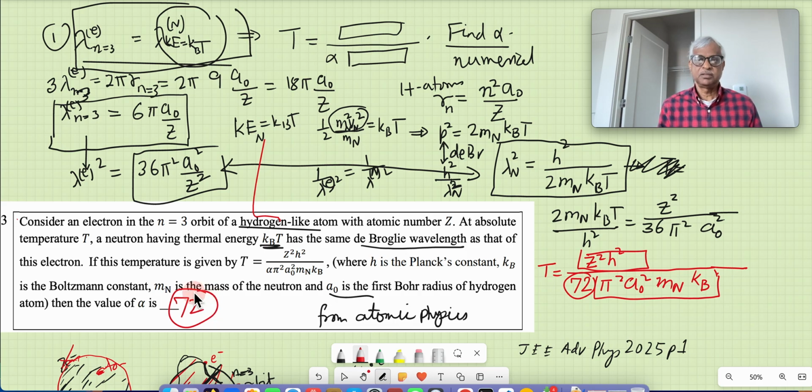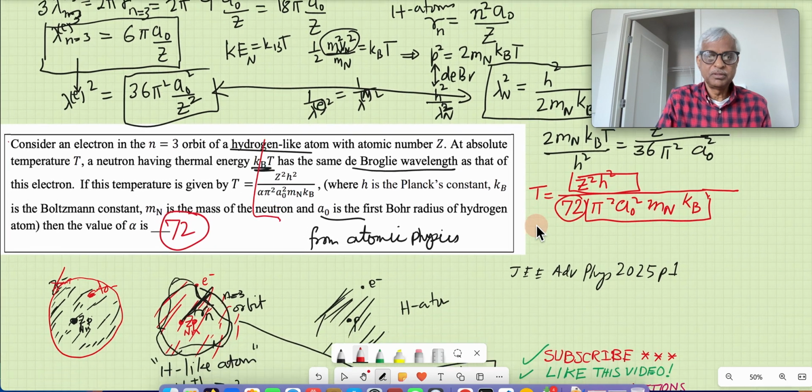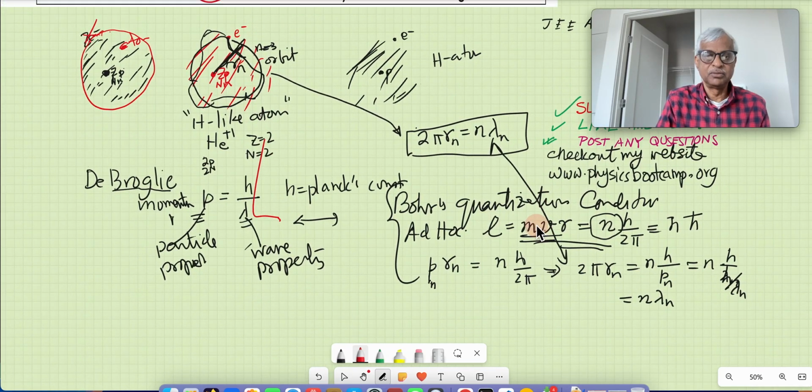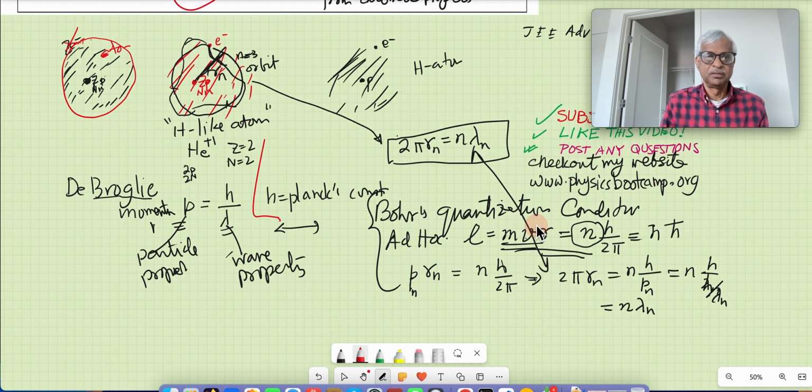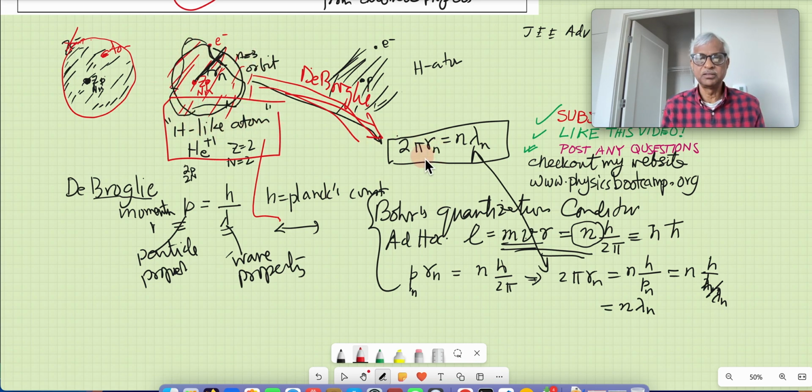Yeah, I know there is a lot of algebra here, but the main thinking was done over here. Do I know what a hydrogen-like atom means? Do I know how to think of de Broglie this way? This is de Broglie thinking, like packing waves in each orbit.